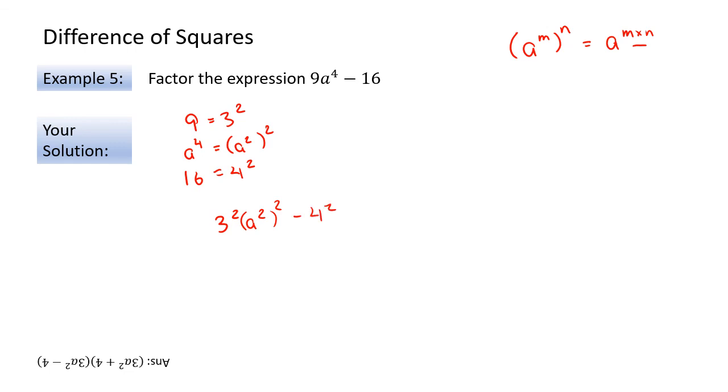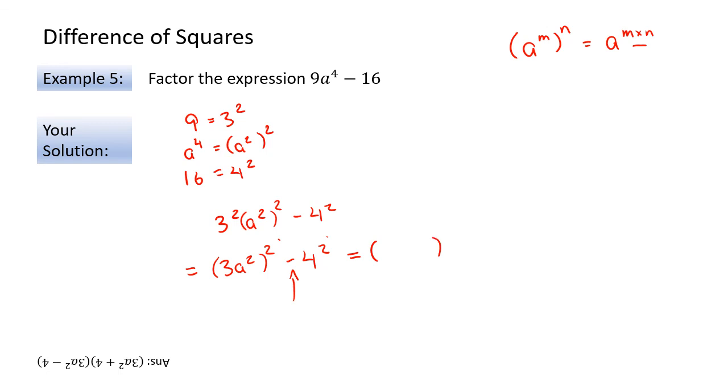And remember, when you have two terms like that that are both squared, technically we can write this as 3a squared, all squared, minus 4 squared. Okay, again, going back to our rules of exponents. And if we do that, because now they're being subtracted and they're both functions squared, we can apply difference of squares.